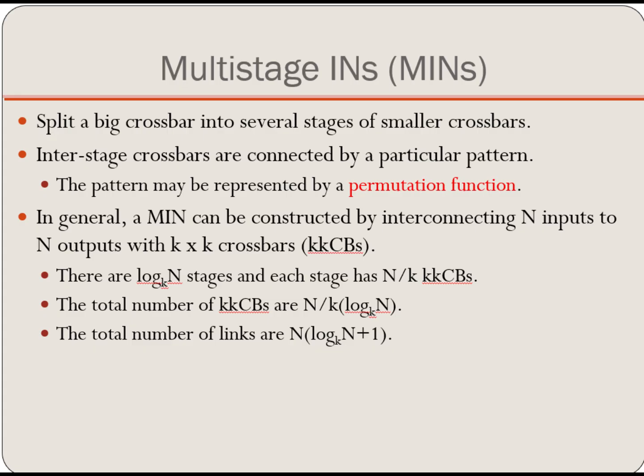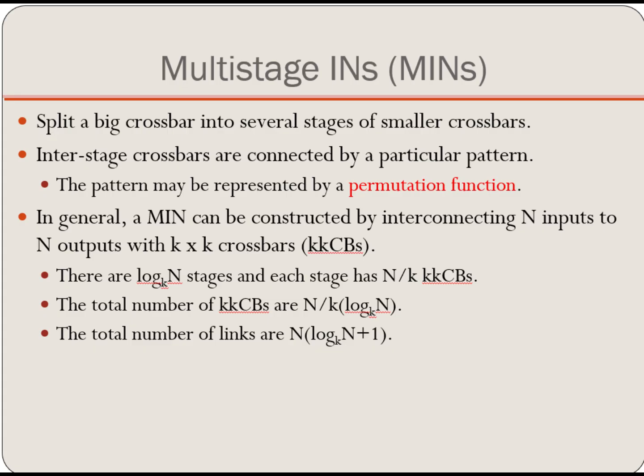The philosophy behind this is that a big crossbar will require a lot of space, so by using multi-stage interconnection, it can reduce the memory or space requirement. And the interstage connections can be made by different kinds of permutation functions.